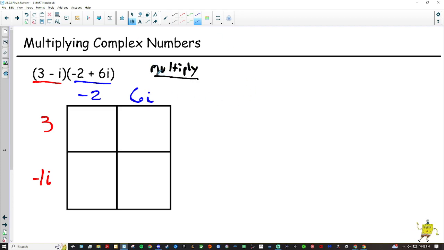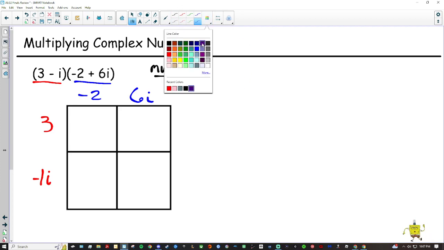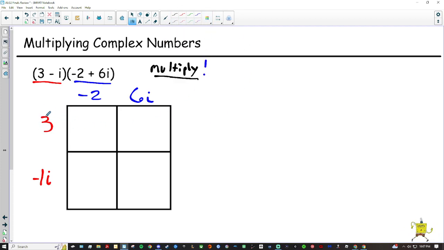Now, we're going to be multiplying. When we were adding and subtracting, we could only add and subtract like terms. When we multiply, we can multiply real and imaginary together. So let's do each box one at a time. I have 3 times -2 is -6.